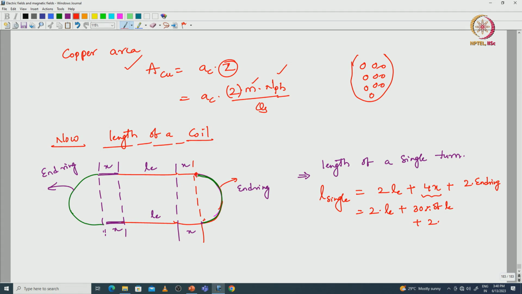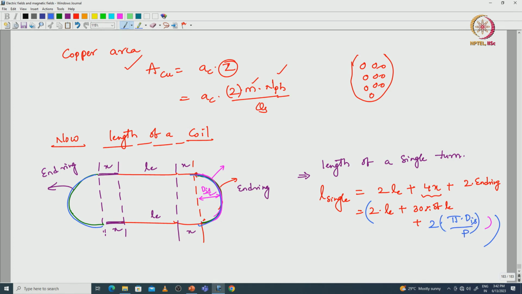from this point to this point, if I consider the semicircle, we know the radius, that is ds by 2, okay. Then we can find the perimeter, right, like 2 times the pole pitch is nothing but pi into ds by p, okay.